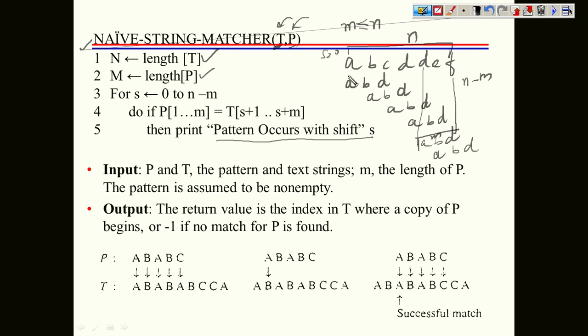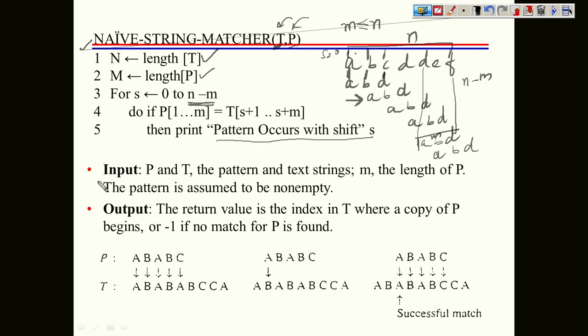So when you match with 0 plus 1, this matches with this, and this is also matching with this, but this is not matching with this. So it will shift to the next position, one character, and then you keep matching again. Likewise you keep on doing this until you find a match, or you go beyond the limit, which is n minus m.